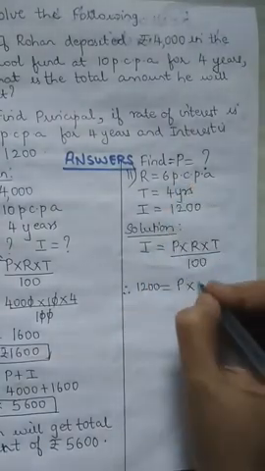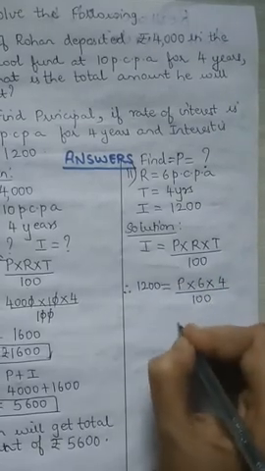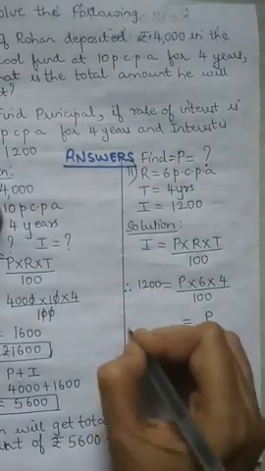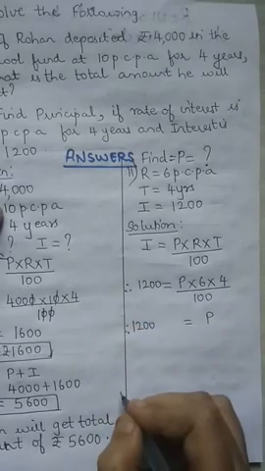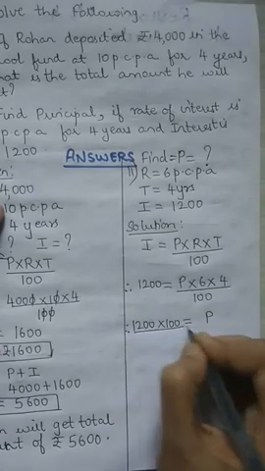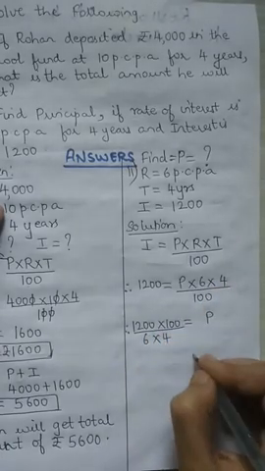R you know, 6, into T you know, 4, upon 100. Now shifting the values, you want only P on one side. So 1200, you will put therefore sign. 1200 into 100 will go in the numerator and all this 6 into 4 will come in the denominator.